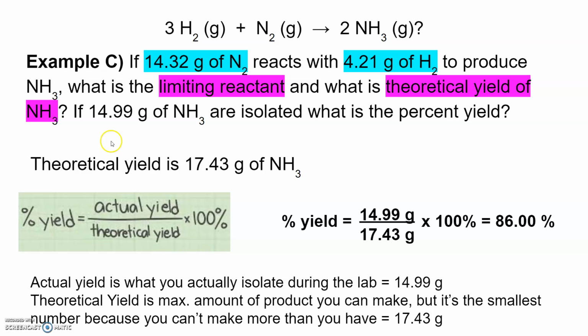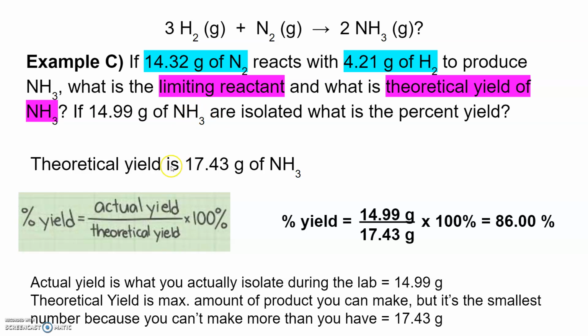So in this problem, it's telling you that you isolated 14.99 grams of NH3. So that means you actually made 14.99 grams of NH3. But you already know that theoretically, the maximum amount you can make is 17.43 grams of NH3. So what the percent yield tells you is how good your reaction was.